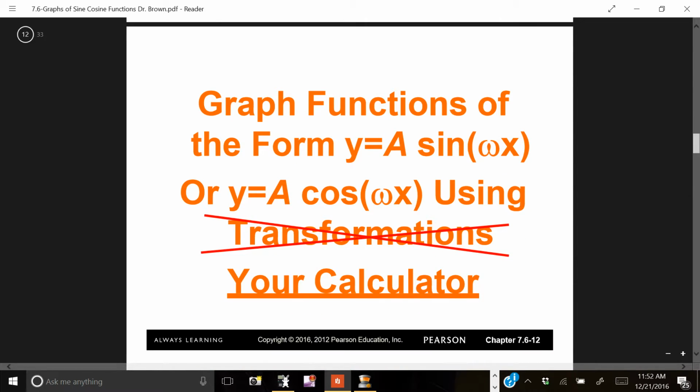Now, of course, sine of x and cosine of x, or sine of theta or cosine of theta, are not the only functions that we call sinusoidal. A function is sinusoidal if it looks like some constant value a times sine of omega x, where omega is called omega.